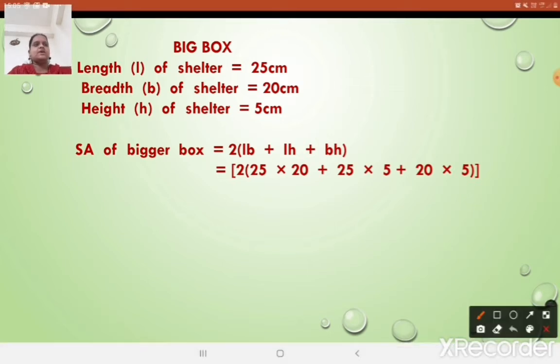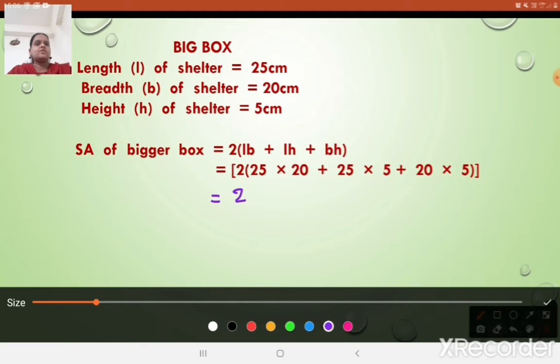Let us calculate again. Do the calculation. Here what you will get? 2 in the bracket 25 into 20. 25 2s are 50, so it is 500, plus 25 5s are 125, plus 25 4s are 100.